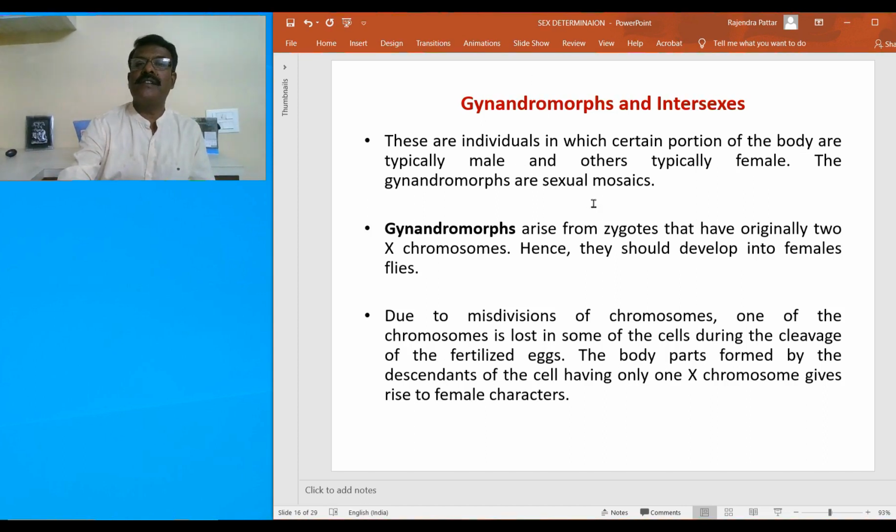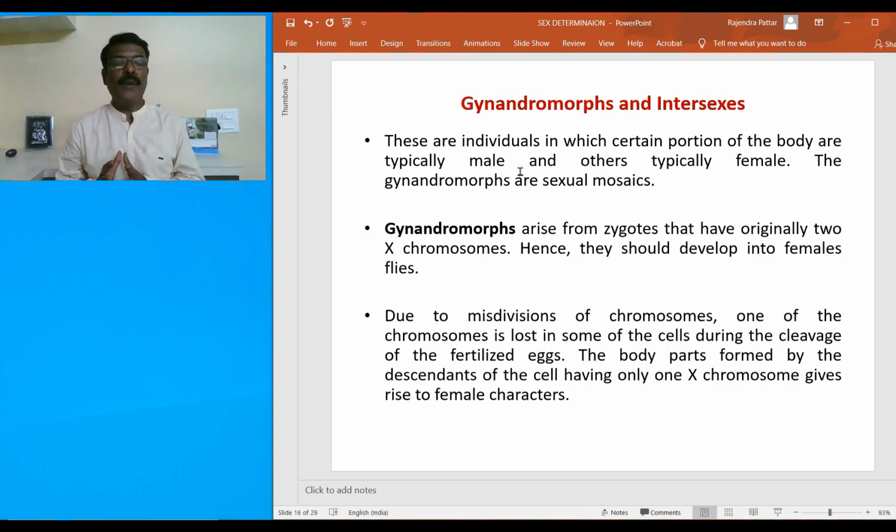These are individuals where part of the body shows maleness and the remaining part of the body shows femaleness. In a single individual body we find a male part as well as a female part. Hence it is called gynandromorph.